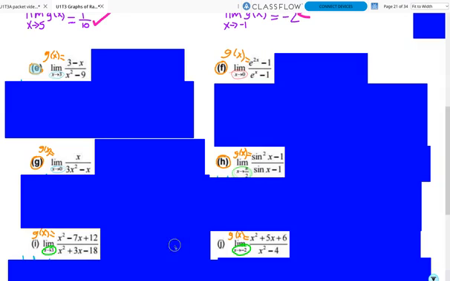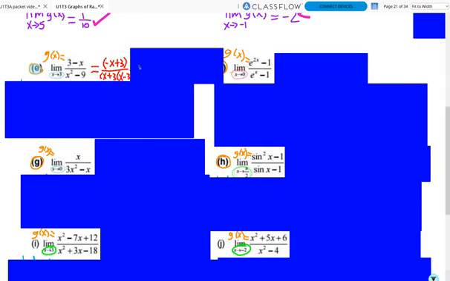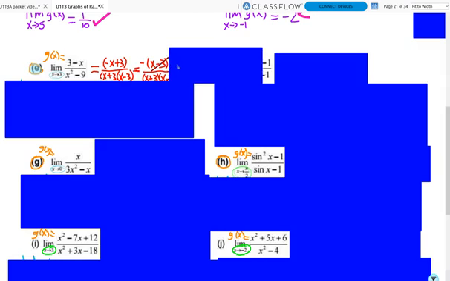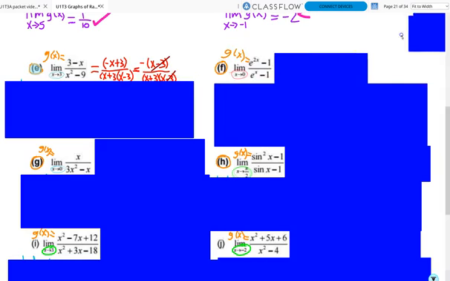So the factoring I did was, first I rearranged 3 minus x to be negative x plus 3. And then in order to find a common factor with the denominator, I factored out a negative 1. When I factor out a negative 1, that leaves negative parentheses x minus 3. And now I've got a common factor, numerator and denominator, of x minus 3.